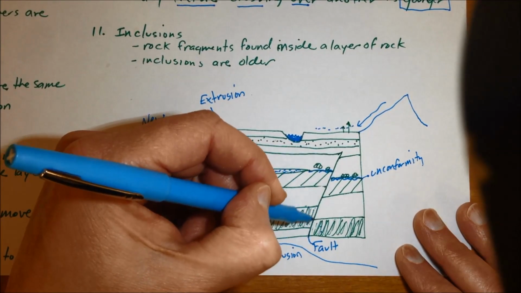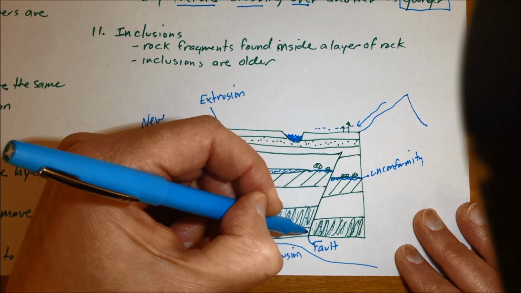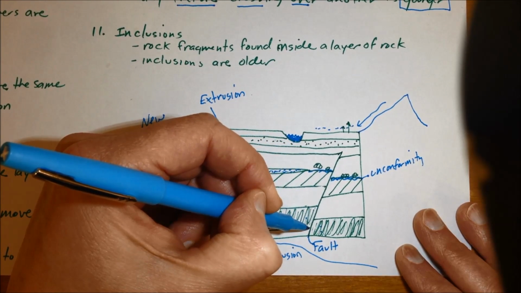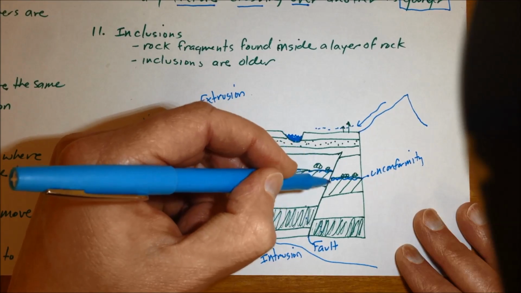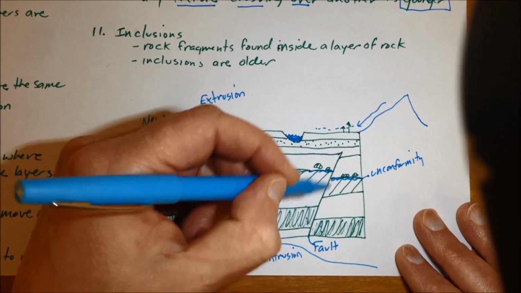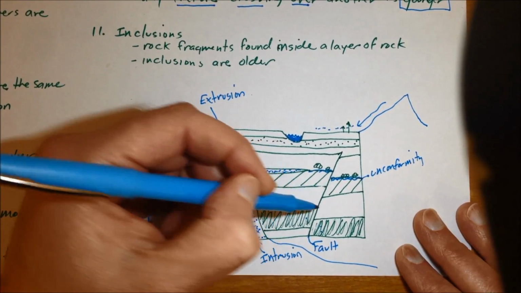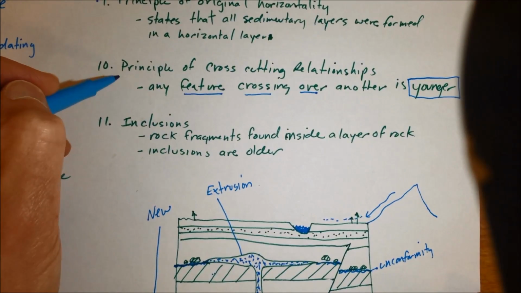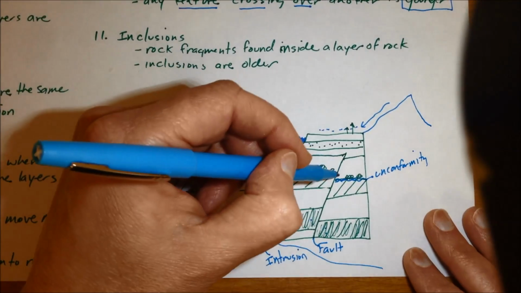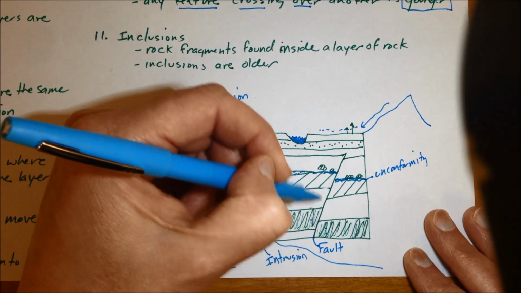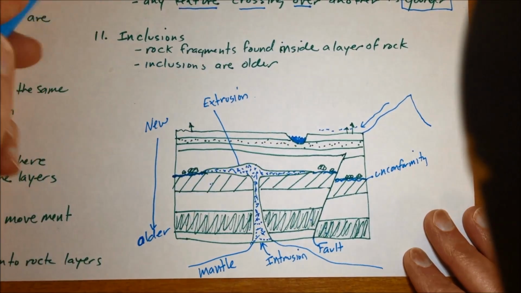It's also true about this earthquake fault right here. In order for the earthquake fault to break these rock layers, the rock layers had to be there. So the earthquake fault also demonstrates the principle of cross-cutting relationships, because we can say the fault is younger than the layers that it crosses.